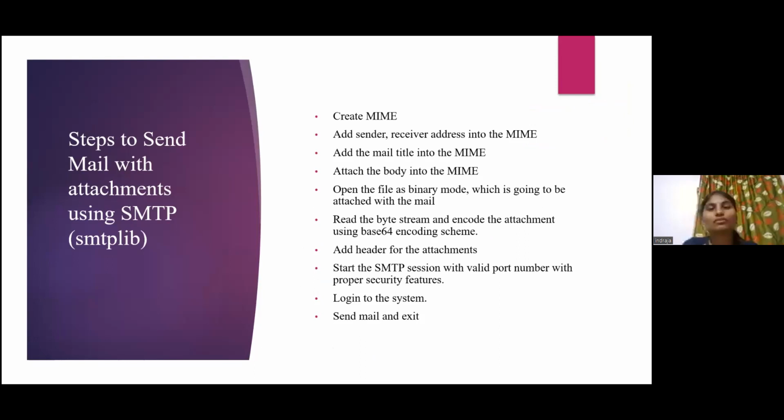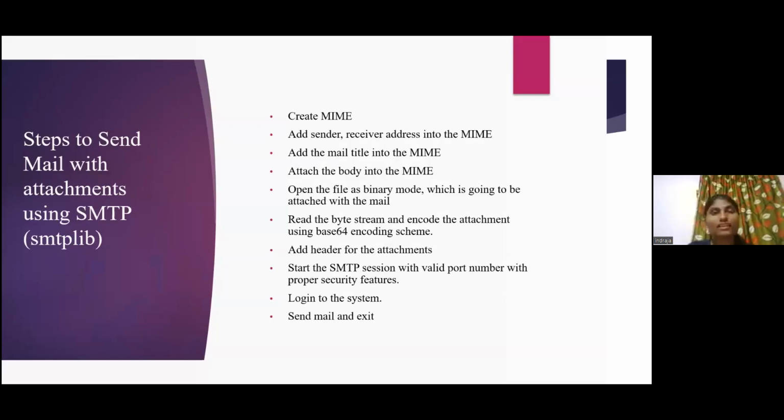Then we attach our email headers. Then log into the system. Then we send the mail and exit. These are the steps to send mail with an attachment using the SMTP library in Python.